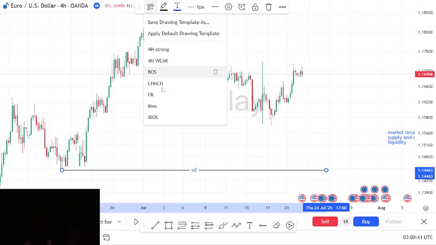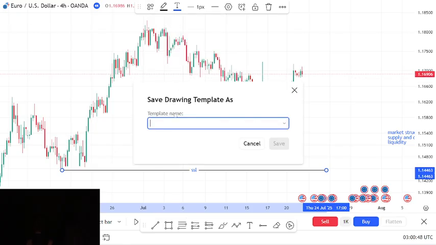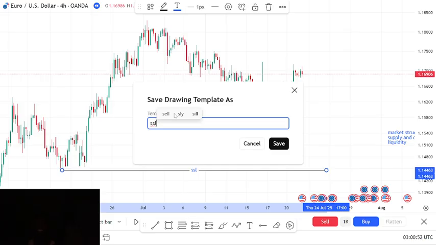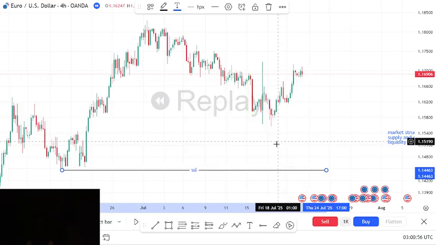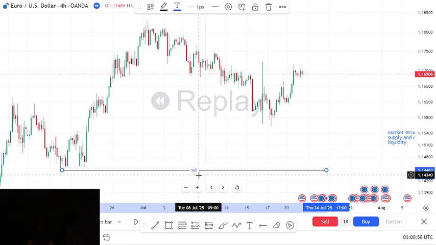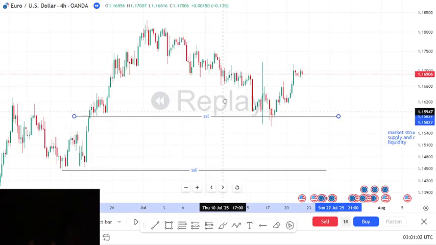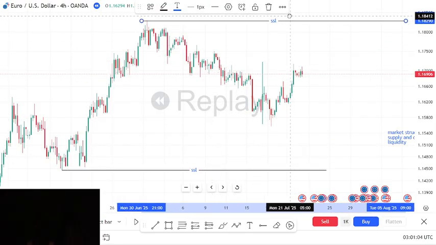What is a swing strong low? The low of, let's say, a strong low in the bullish market, a low that broke a structure and then it goes.